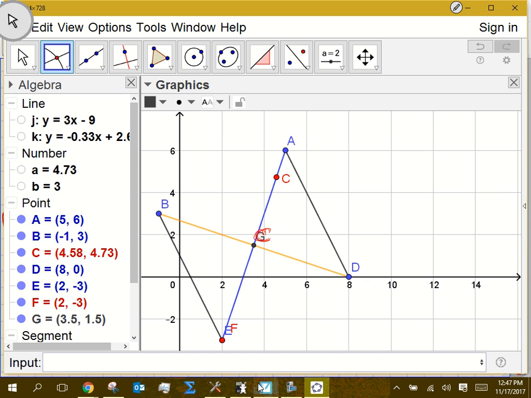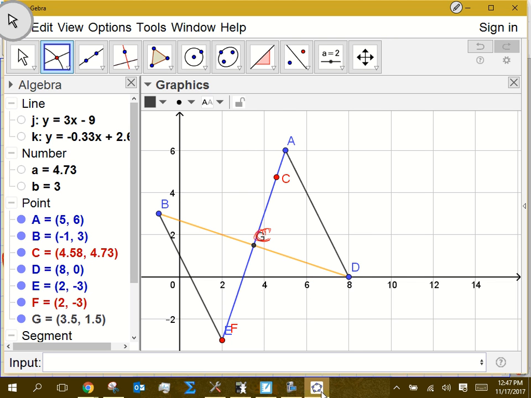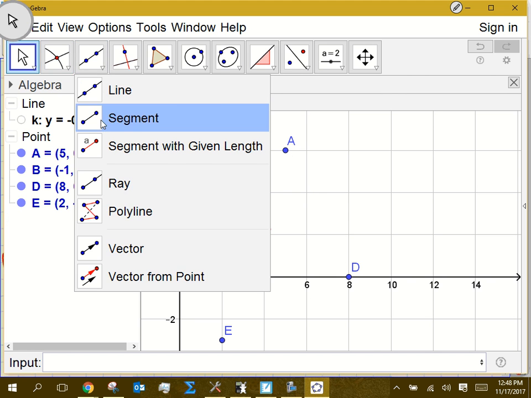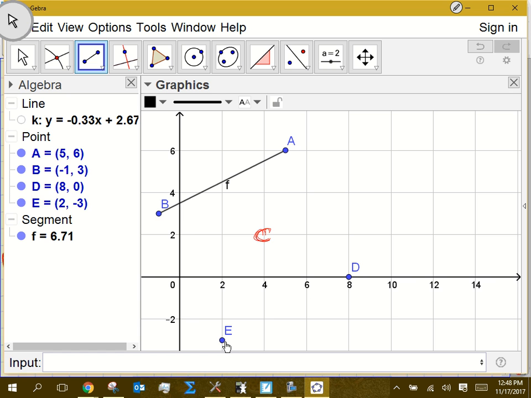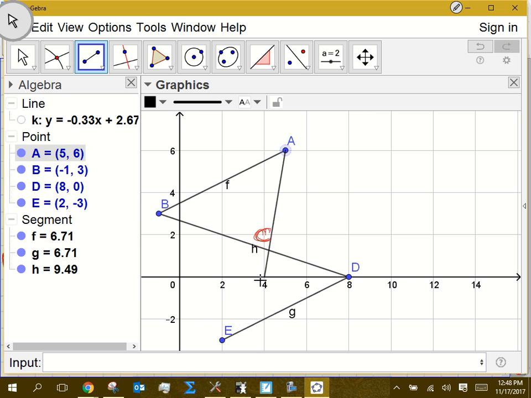D, and E. Did I label them right? Doing an A, B, B, C, and it doesn't really change much of what we've done, but I think my triangles should have been like that.